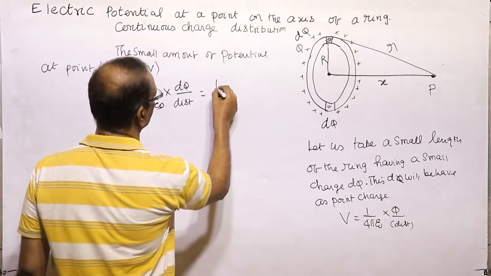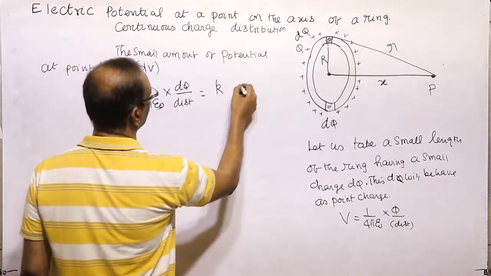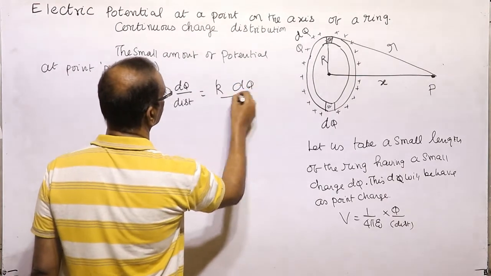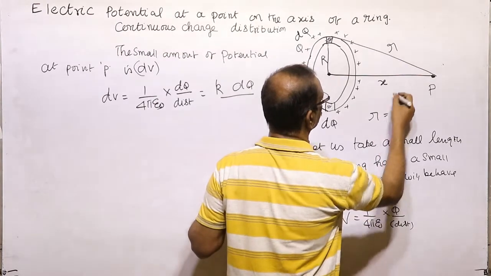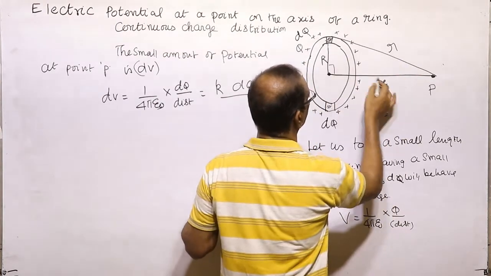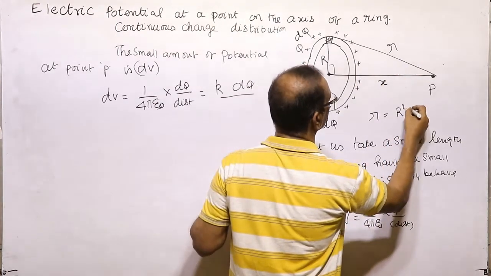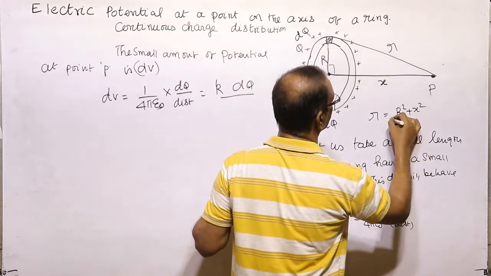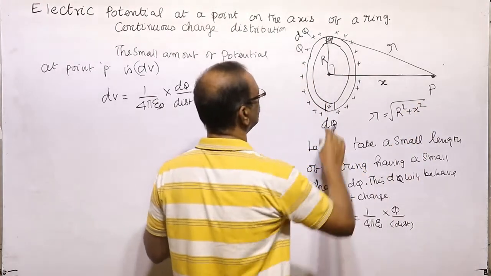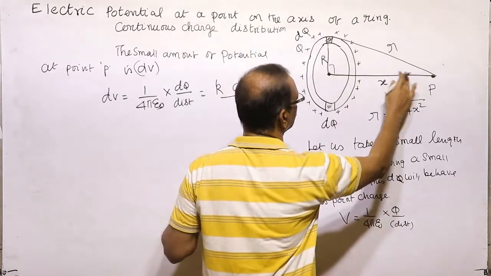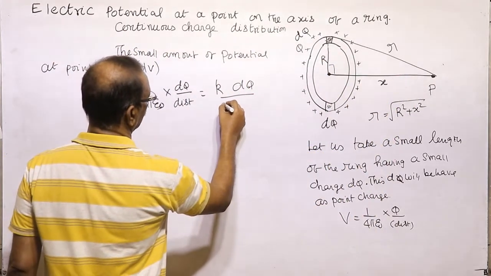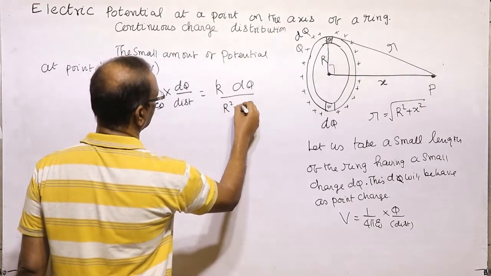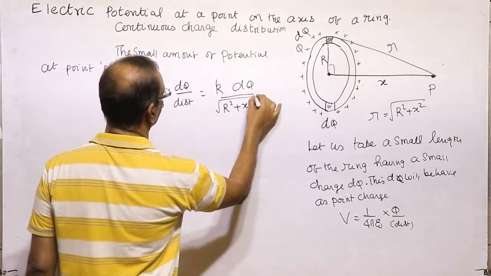What is the value of distance? Using the Pythagoras theorem, r is the square root of r square plus x square.